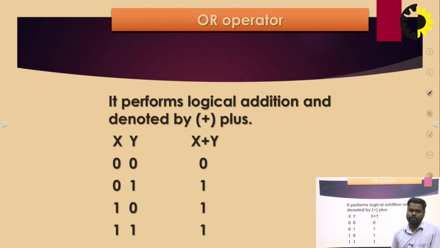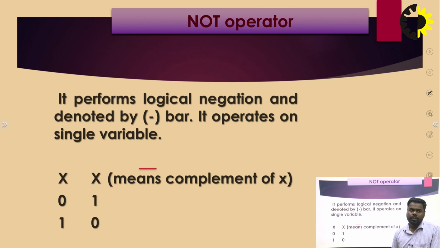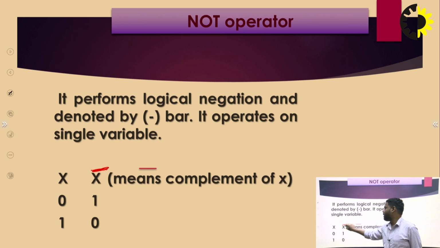This is the truth table of the OR operation. The NOT operation performs logical negation and is denoted by a bar sign. It operates on a single variable, like x to x bar. x bar means the complement of x. What is the complement of 0? It is 1. And what is the complement of 1? It is 0.